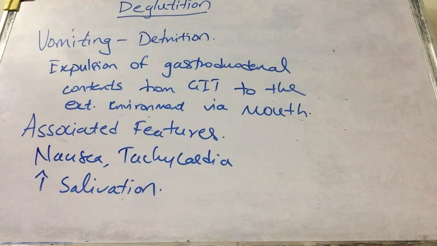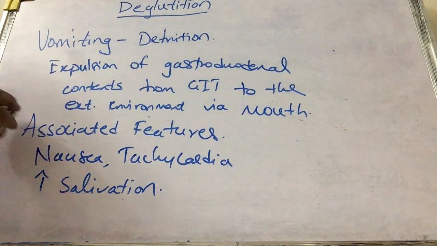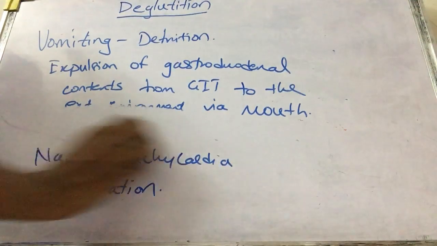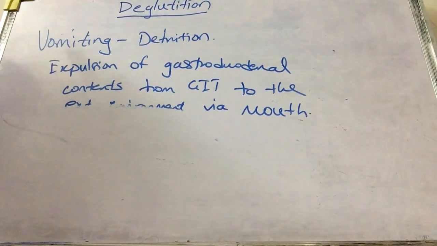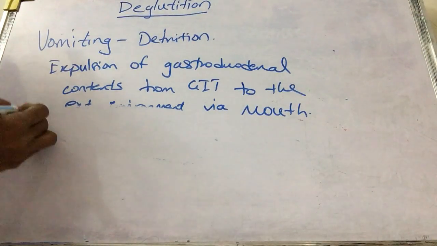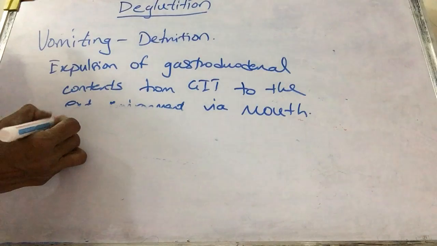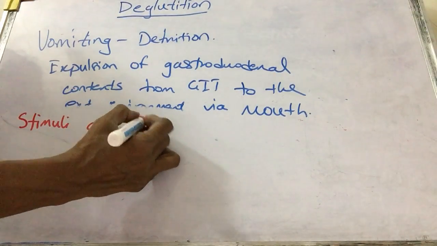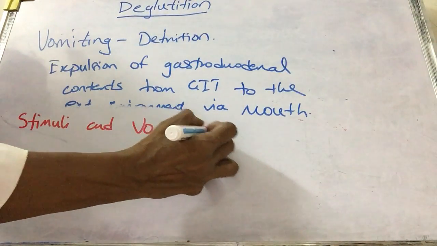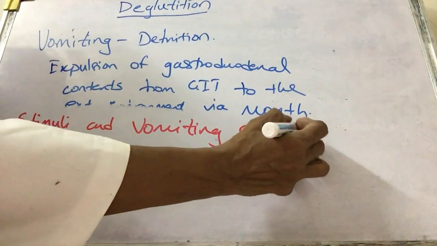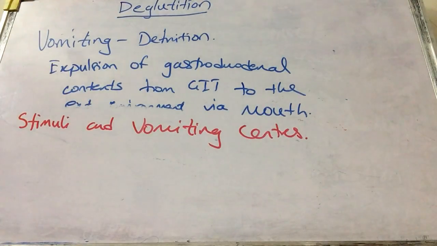Stimuli and vomiting centers. Vomiting is a reflex phenomenon, the center for which is located in the medulla, and the receptors present in many parts of the body provide input to the vomiting center in the brainstem.